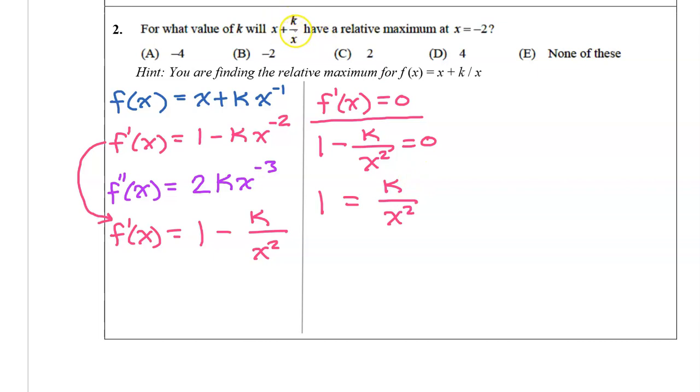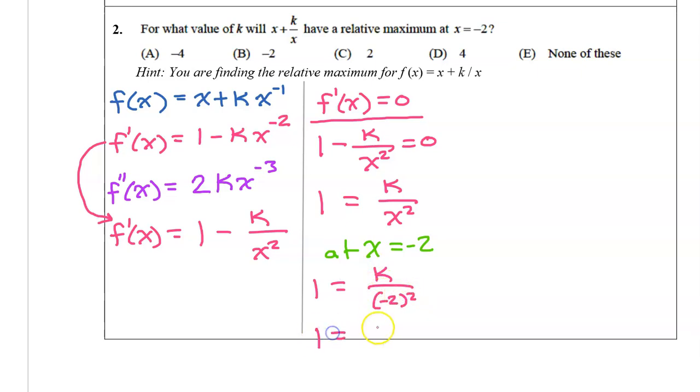We want to find the value of k that will cause a relative maximum at x equals negative 2. So we are only interested in an x value of negative 2. So let's go ahead and substitute negative 2 in and see what that tells us. So we have 1 is equal to k over negative 2 squared.